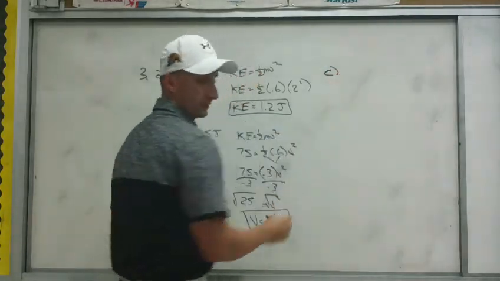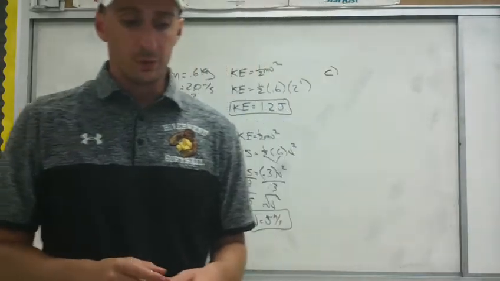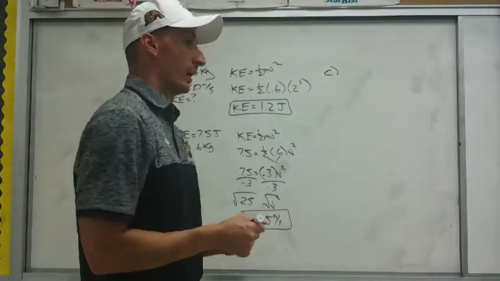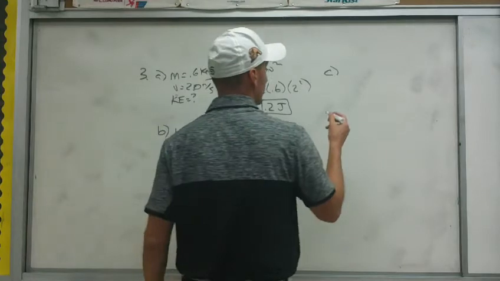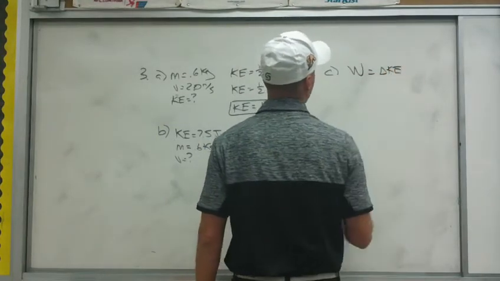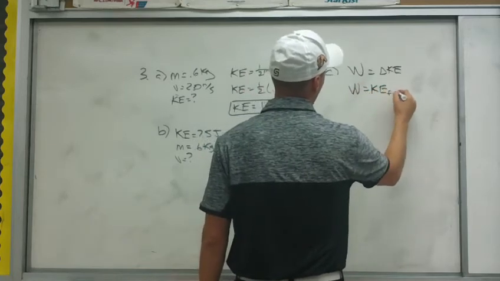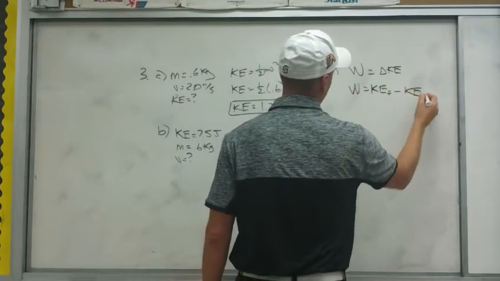C says, what is the total work done as it moves from point A to point B? Well, work is change in kinetic energy, or change in energy. So work is equal to KE final minus KE initial.